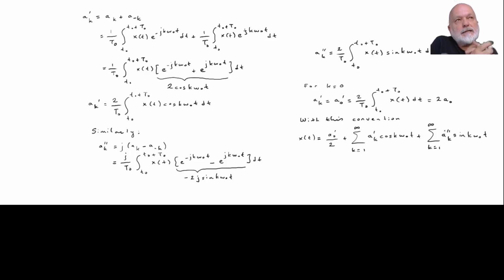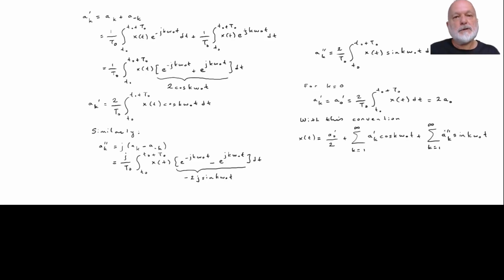Okay, the next question is the following. Up to this point, we didn't say anything about x of t. x of t can be real valued or complex valued. So all of these discussions are valid for real valued or complex valued signals. But what happens if the signal is real valued? What can we say about the coefficients of the trigonometric form?